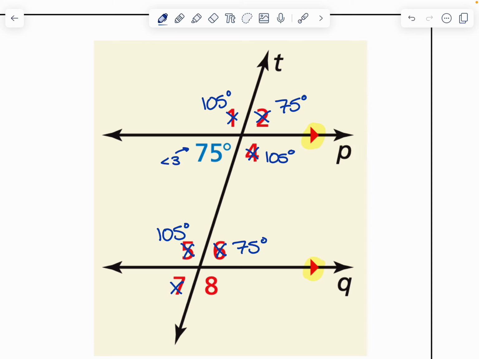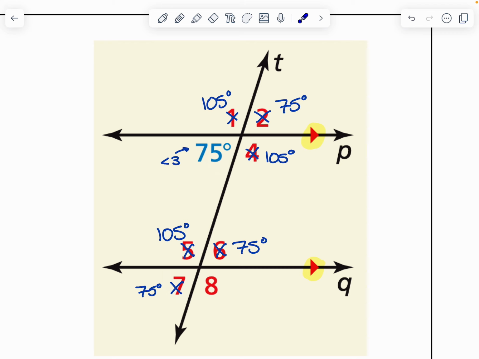I know that angle 7 has to be 75 for a lot of reasons. We have vertical angles, which tells me that's got to be 75. I have a linear pair, which tells me, well, that's got to be 75. I have corresponding angles, both in the bottom left, so I know that they got to be 75.